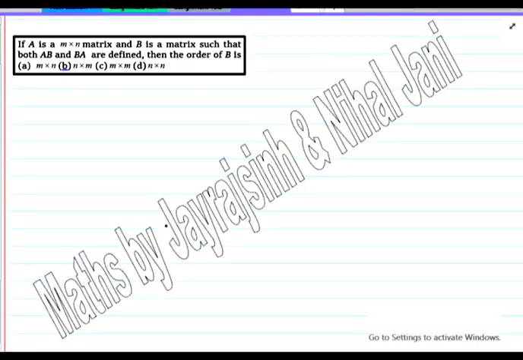Now we get a little but interesting question. If A is an M cross N matrix and B is a matrix such that both AB and BA are defined, then we have to find the order of B. Before we solve this question, let me remind you something.